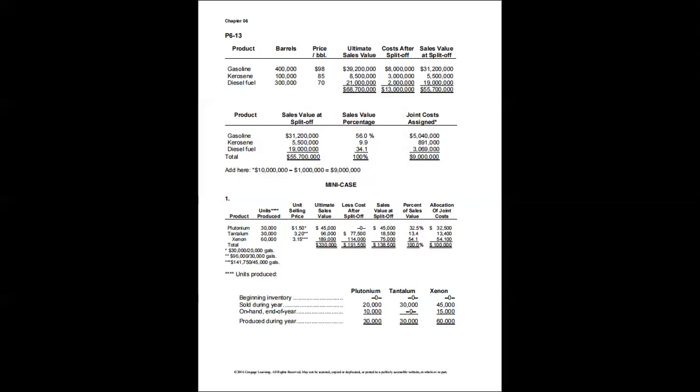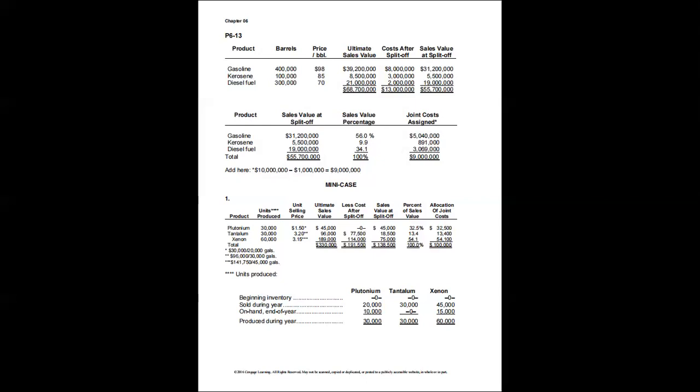So we have now the allocation of joint cost. In the mini case, Clark Kent Incorporated buys Krypton for 80 cents a gallon. At the end of processing, Department 1, Krypton splits off into products plutonium, tantalum, and xenon. Plutonium is sold at the split off point with no further processing.